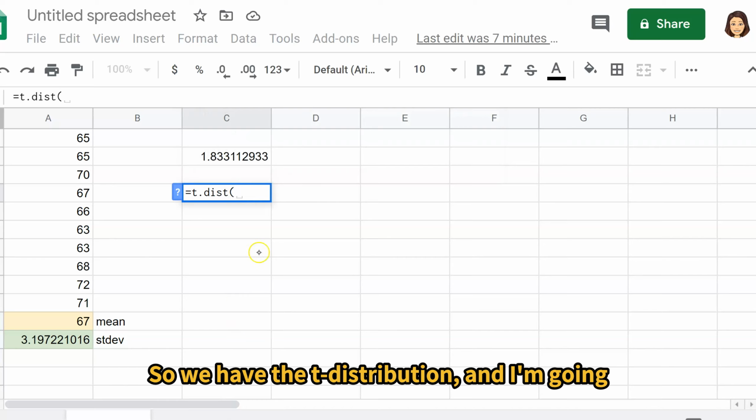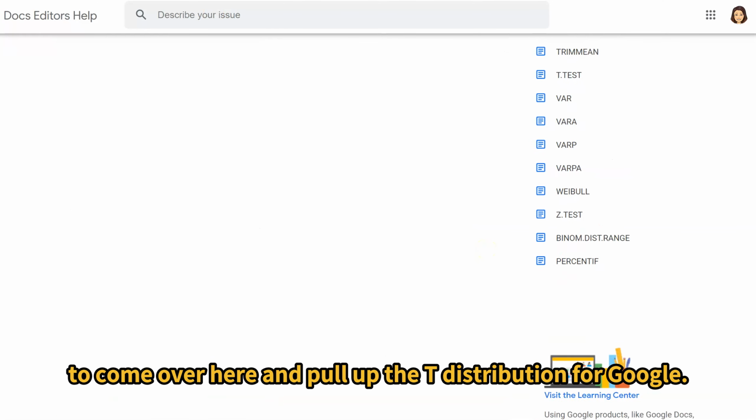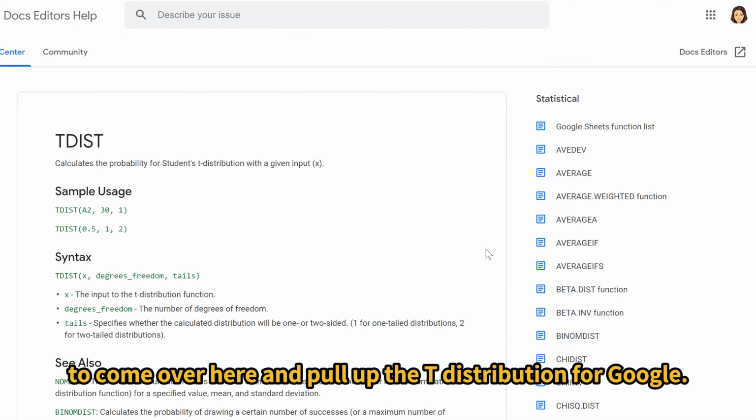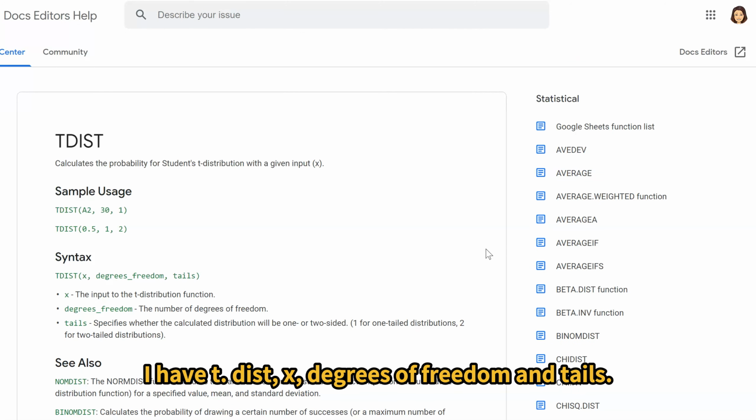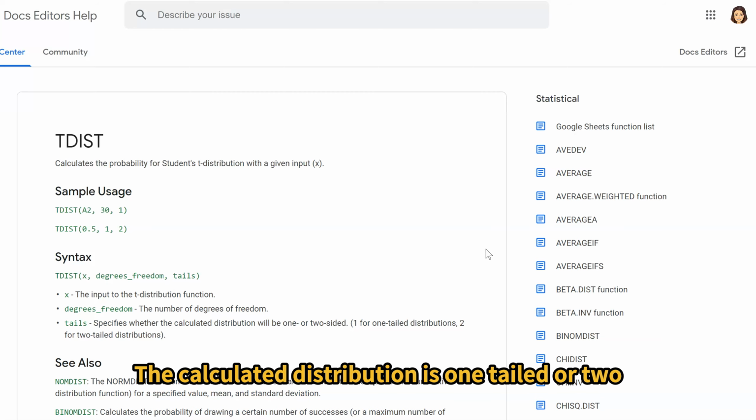So we have the t-distribution, and I'm going to come over here and pull up the t-distribution for Google. I have t.dist, x, degrees of freedom, and tails. This is determining if it's a one-tailed test or a two-tailed test. The calculated distribution is one-tailed or two-tailed.